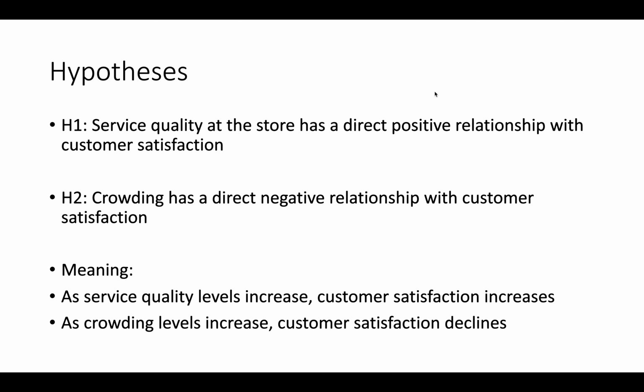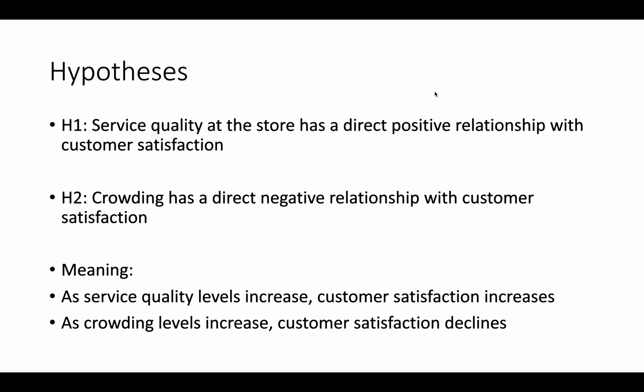So even though we say that service quality causes customer satisfaction, we are not doing this as a causal study, because then we have to have an experimental group and a treatment group. So we are doing a descriptive research. So descriptive research simply finds out the association or the correlation between two variables.